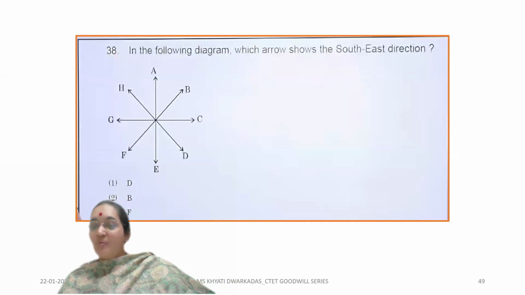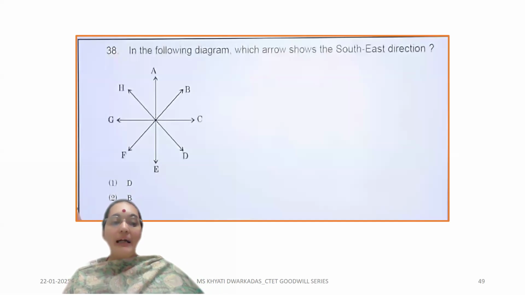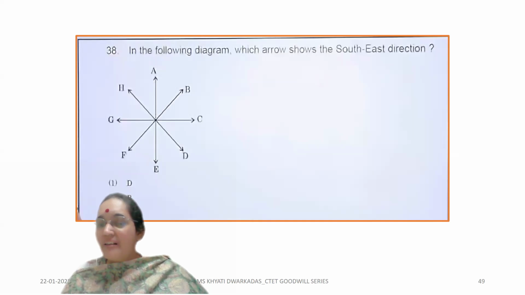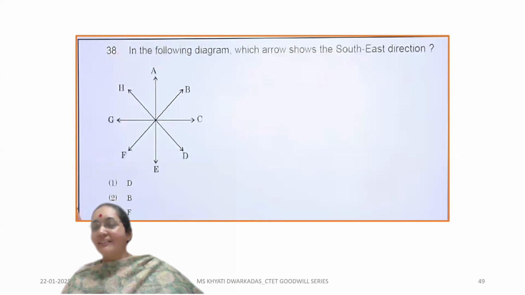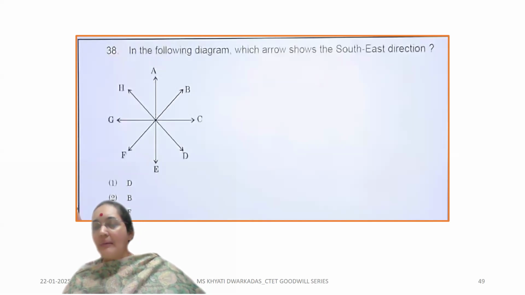Answer 1. Arrow E is your south. Arrow C is the east. So southeast is arrow number D. Answer is 1. Absolutely, Surya ma'am. Very good.